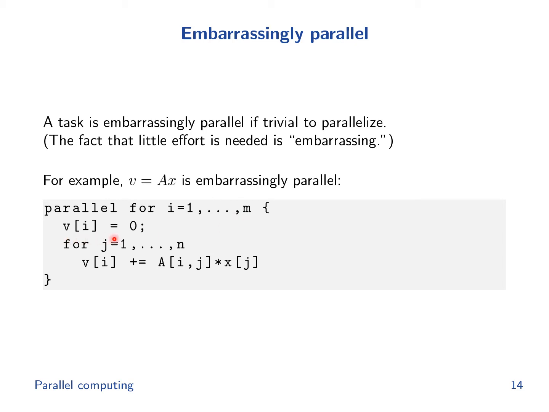We reset vi and then sequentially add Aij times xj to vi. That generates the ith entry of v. These v entries can be generated in parallel. They do not depend on each other. Therefore, this part can be executed in arbitrary order.